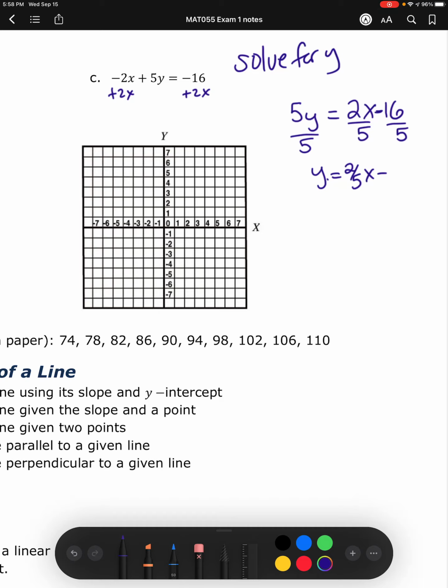16 over 5, it might be helpful to make that a fraction. It's 3.2. So I'm starting at -3.2, so we kind of have to guess where that is. And I'm going up 1, 2, and over 5 because it's positive.